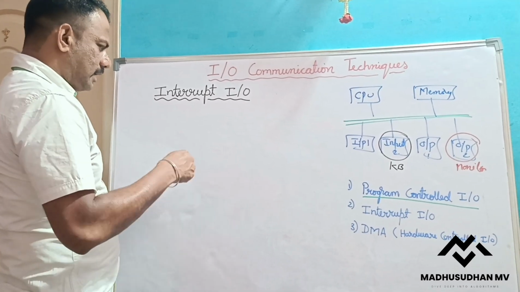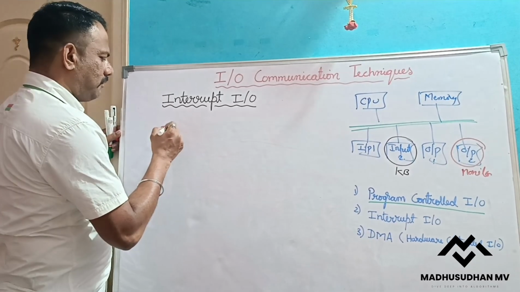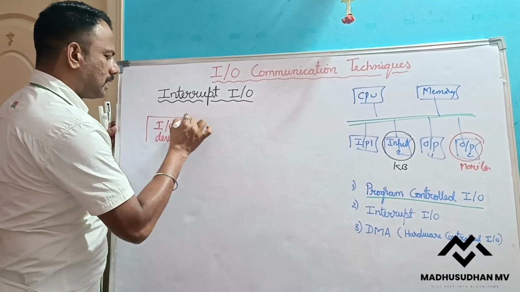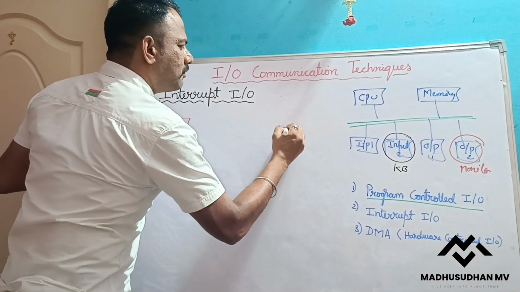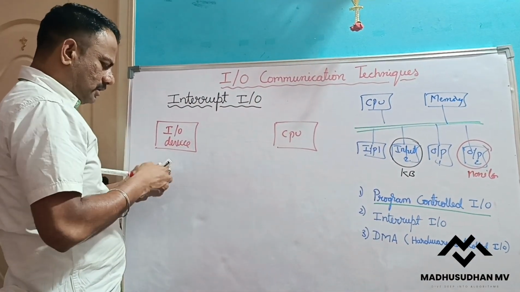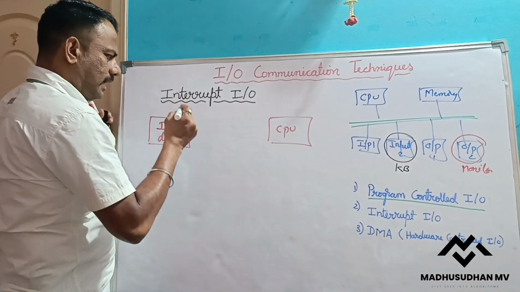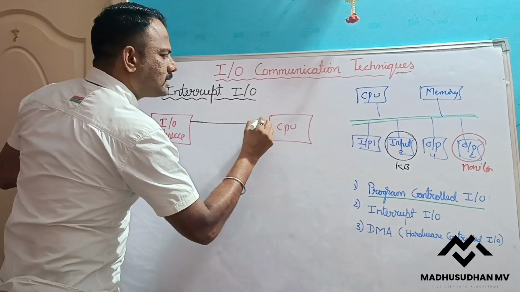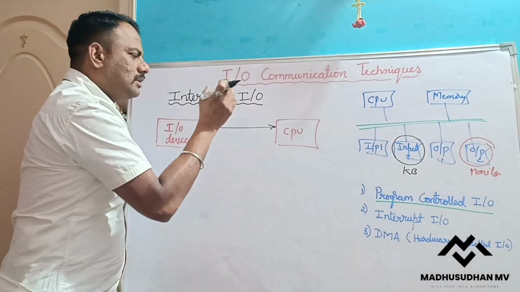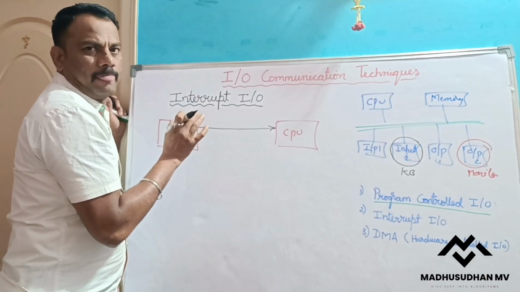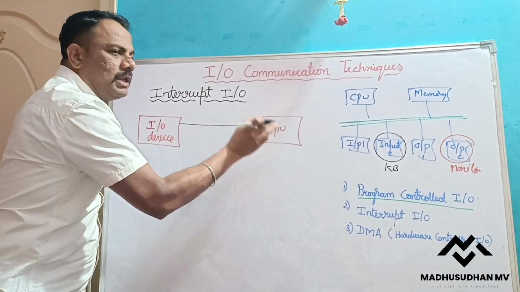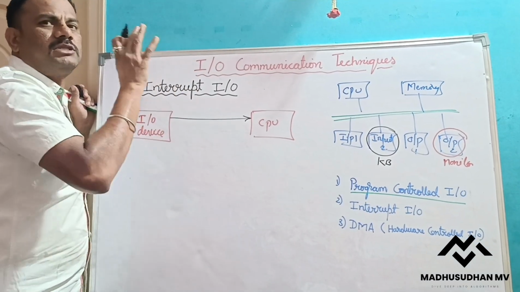Thus we can say an interrupt is nothing but a hardware signal, generated by the IO device and sent to the processor. Whenever an IO device is ready, it sends a signal to the processor, and that signal is called the interrupt signal. So an interrupt is a hardware signal generated by the IO devices to the CPU requesting some service.